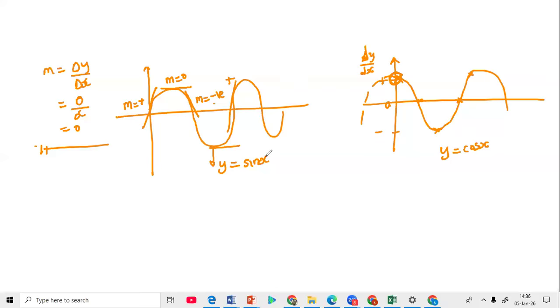That means when I have sin x and I want to get its gradient, I'll get my resultant as cos x. So sin x gives you a gradient of cos x. When you have cos x, you get a resultant of negative sin x.